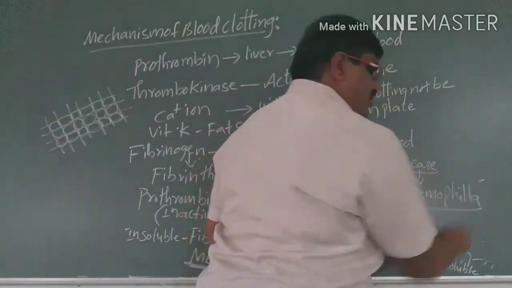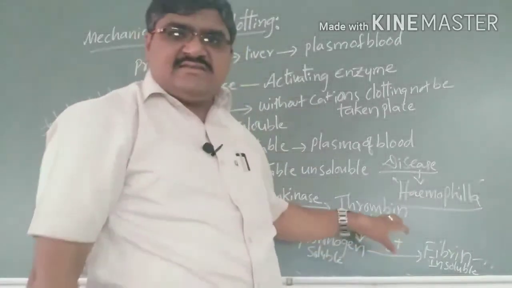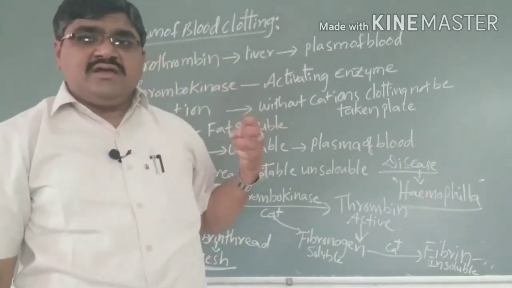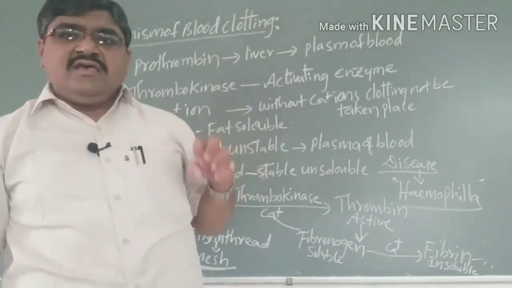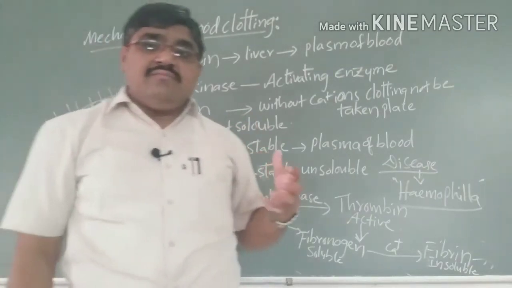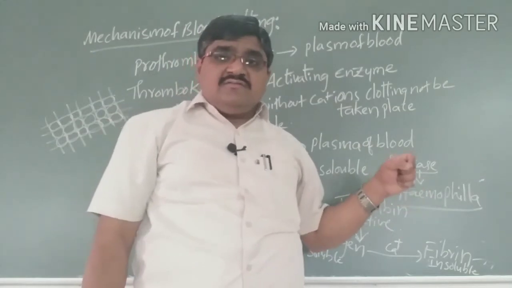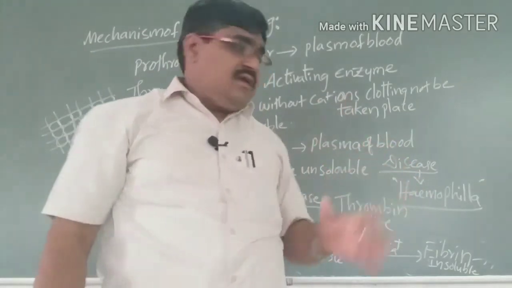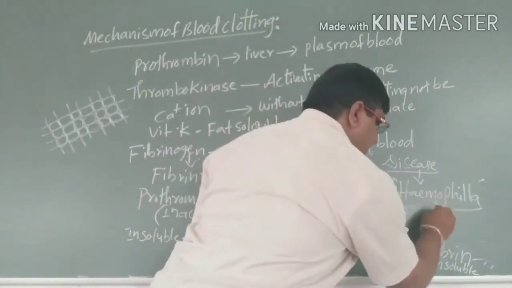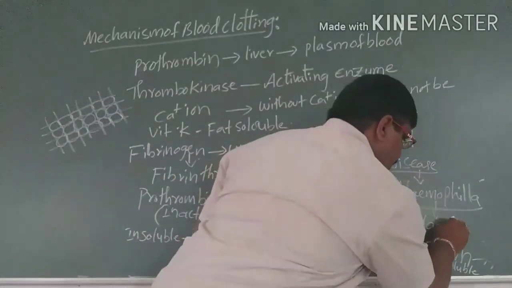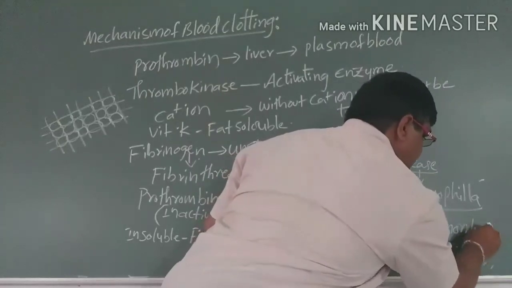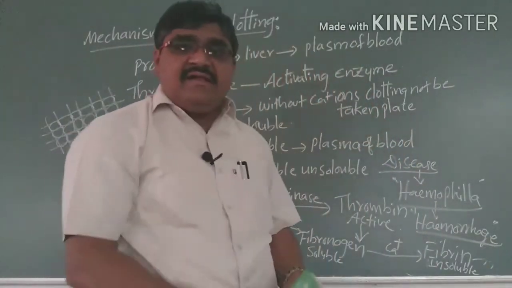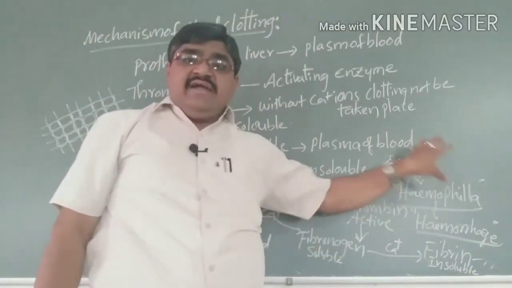In this hemophilia, small cuts, or bleeding from the gums of the teeth, cannot clot, and even a small cut leads to a hemorrhage condition. Hemorrhage means the continuous oozing of the blood.